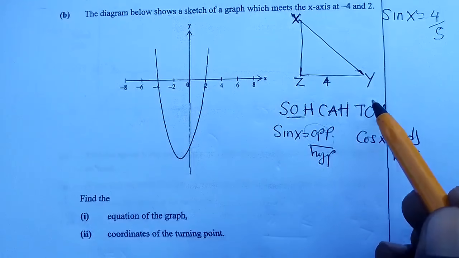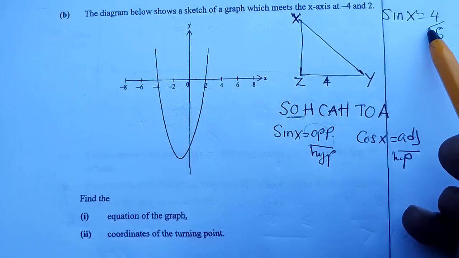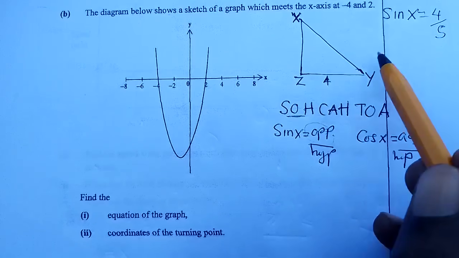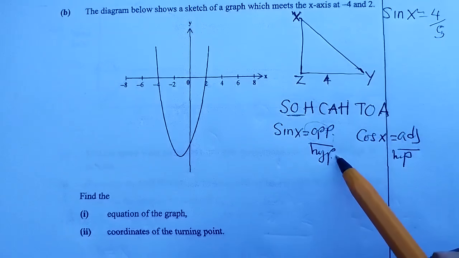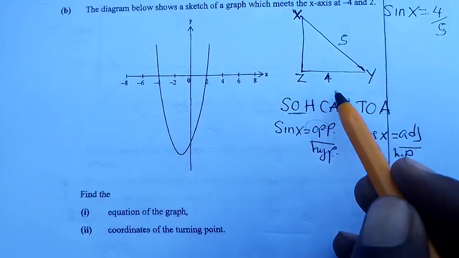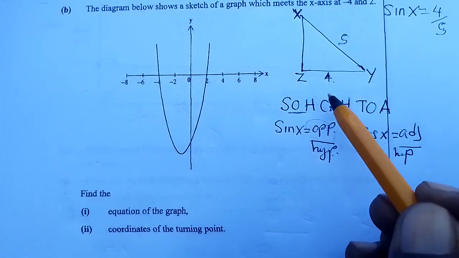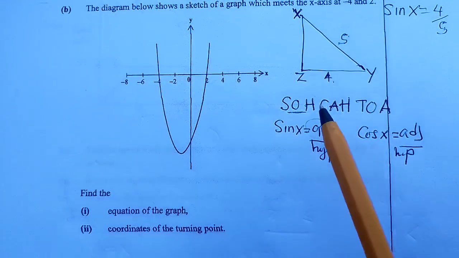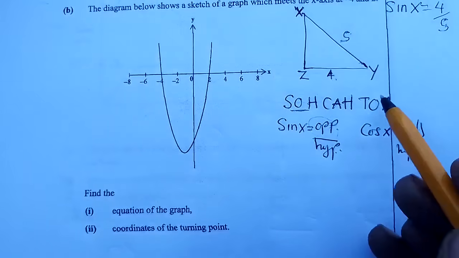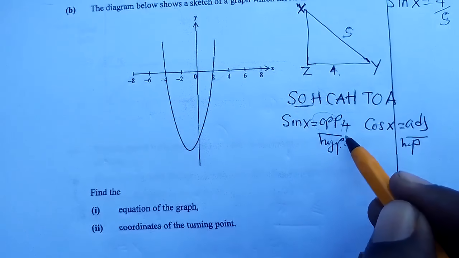I'm taught to find, the 5 there is the hypotenuse. So opposite here, hypotenuse there. I've replaced those values in this diagram: this is 4, this is 5.